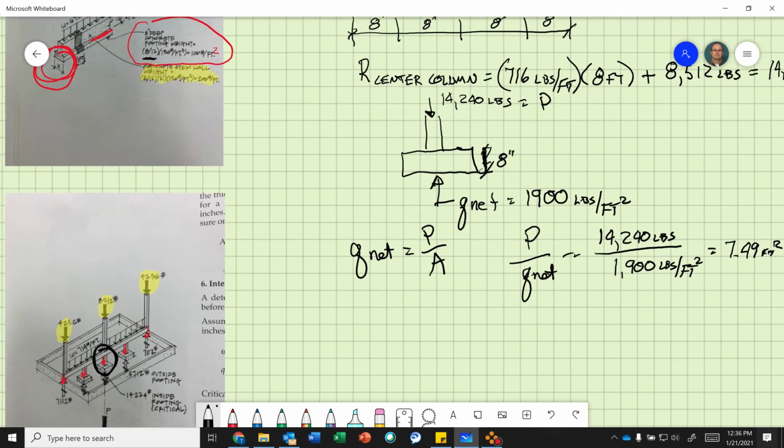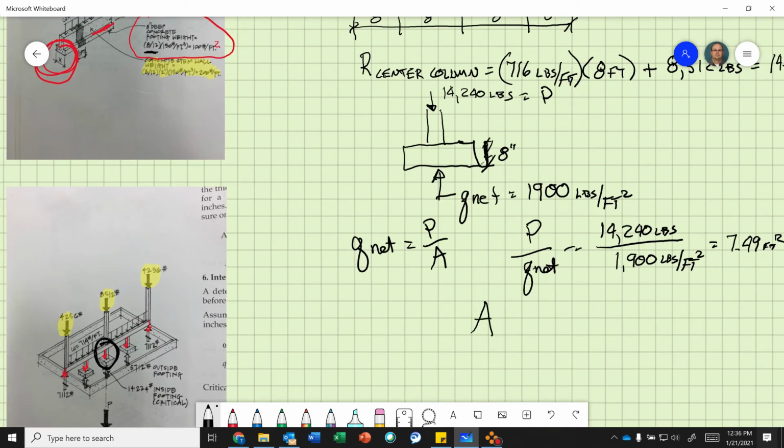Okay. However, we know it's square, right? A equals x squared. We take the square root of A, square root of a box, then we can get the side of each side. And so we take the square root of both sides, and that equals the square root of 7.49 square feet. Take the square root, and I get 2.73 feet. Always go bigger, never go smaller.